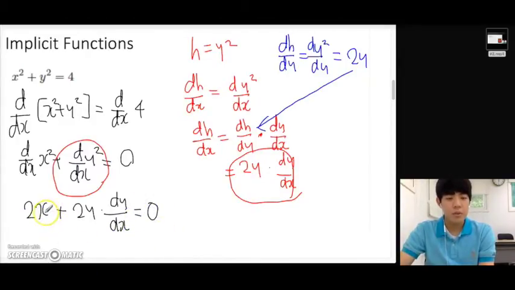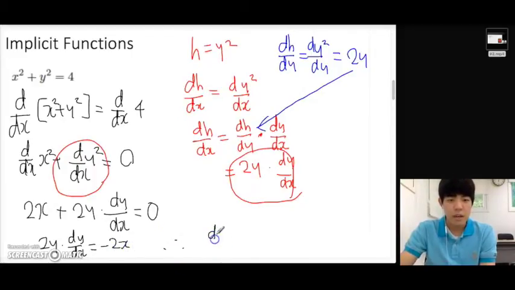Now, we subtract 2x from both sides, and then we get 2y times dy/dx equals negative 2x. Thus, we can conclude that dy/dx equals negative x over y.